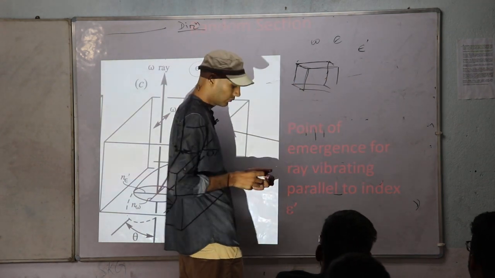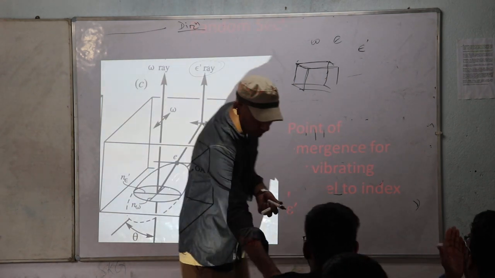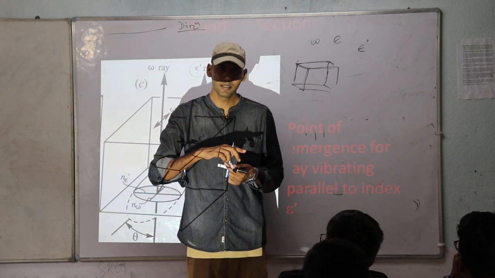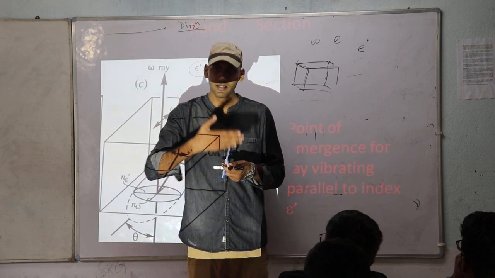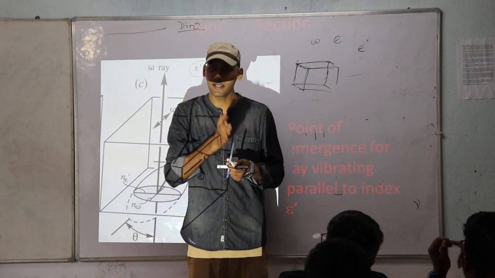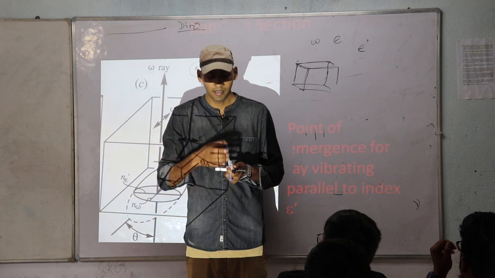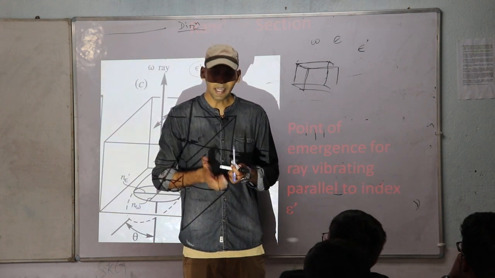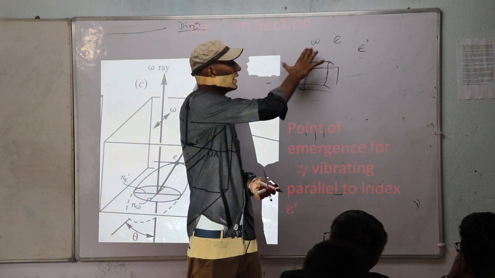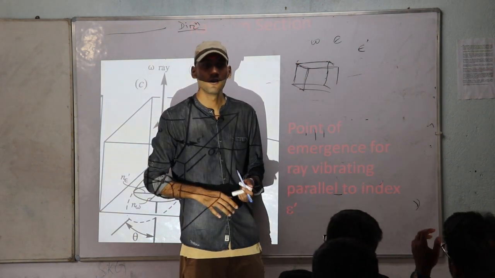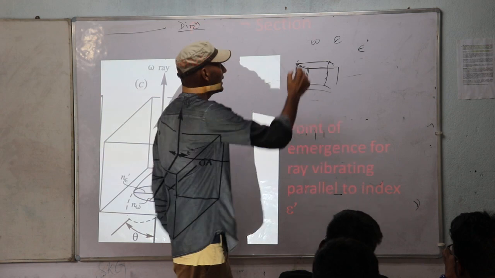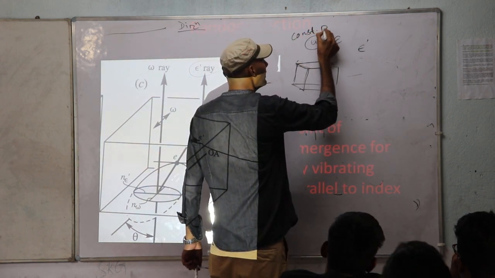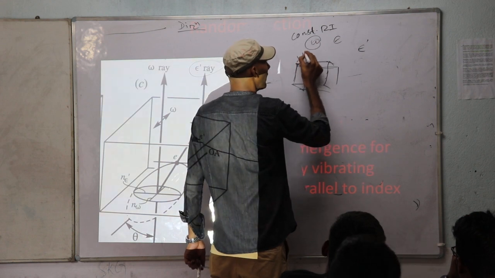One is AB, this is section AB, this section is BC, this section is AC. These are three principal sections. There are other different random sections also. In each section the O ray has the same refractive index. The O ray has a constant refractive index for a mineral in each section.